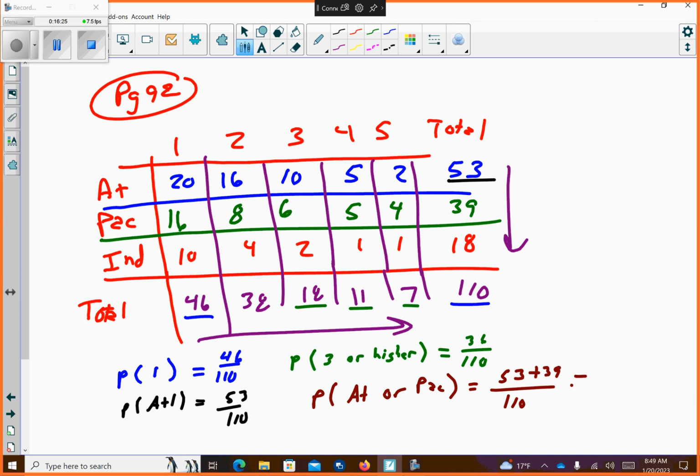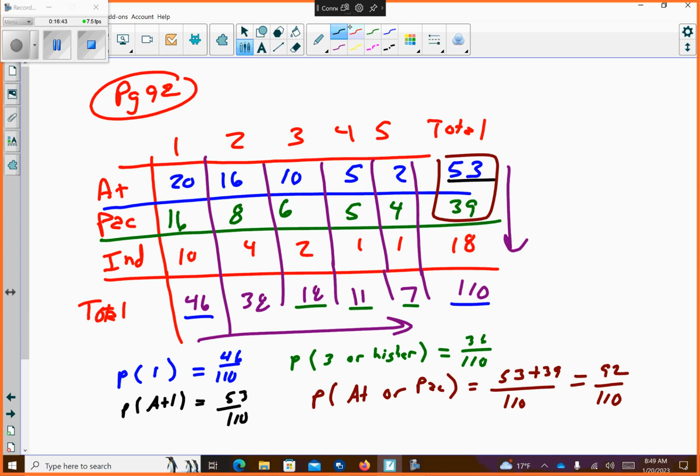If I add the 53 and 39, I get 92. I have a 92 out of 110 probability of that taking place. That just dealt with combining these numbers together to get there out of the total.